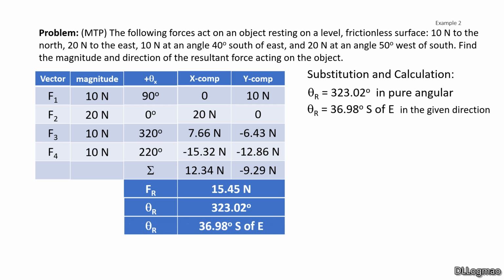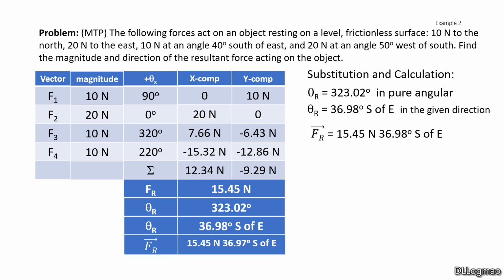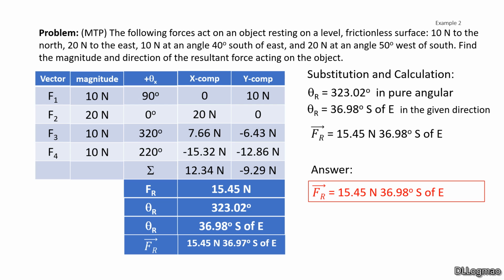State completely the answer. Resultant force vector F sub r is equal to 15.45 newtons, 36.98 degrees south of east. Write the answer on the table. Write the final answer completely: 15.45 newtons, 36.98 degrees south of east.